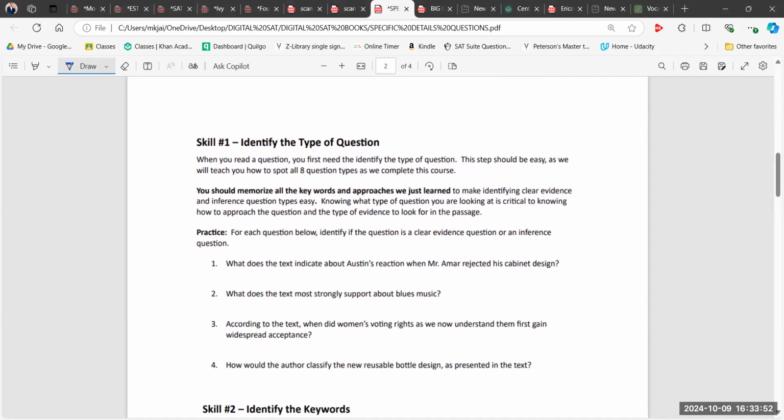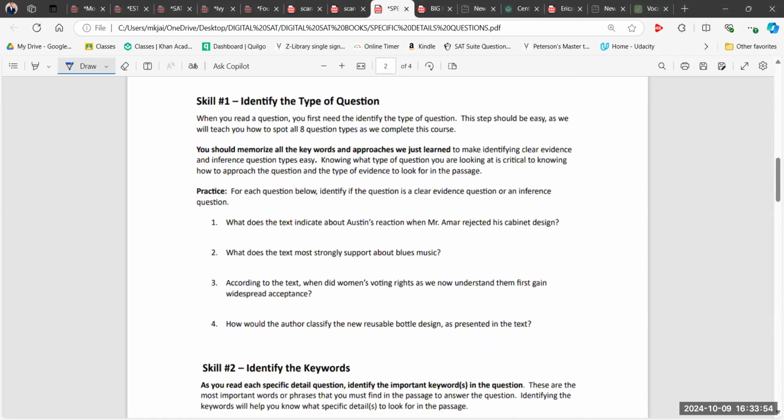Okay, so what should I do? I should practice this skill. What's this skill? You identify the type of question. We will look at the question and identify it. So when you read, you've got to identify the type of question. You have to know what type of question you're dealing with.